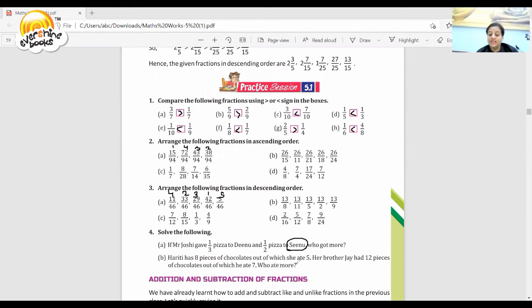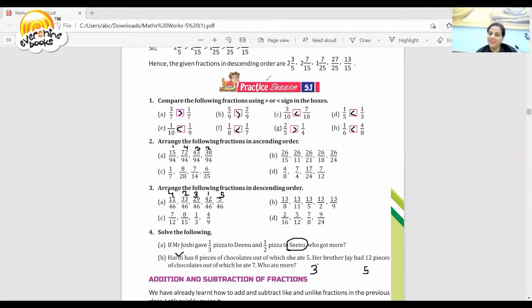Left 3 from 8 and 12 pieces minus 7 means 5 out of 8 and 7 out of 12. When you minus it, you will get 3 left with Hariti and 5 is left with her brother, Jay. So who ate more? Hariti only.